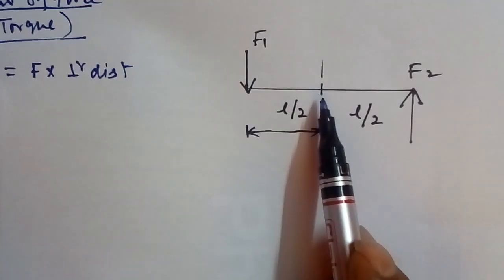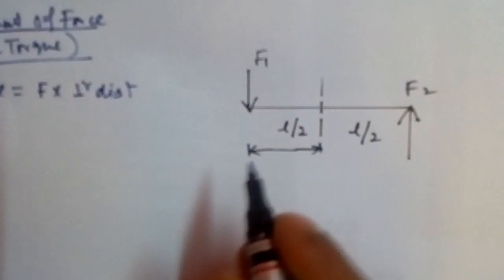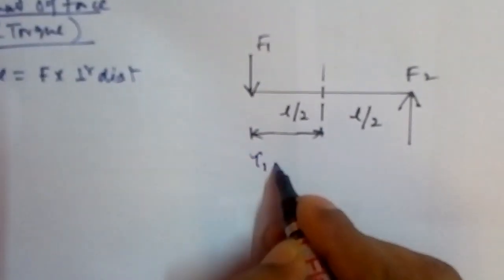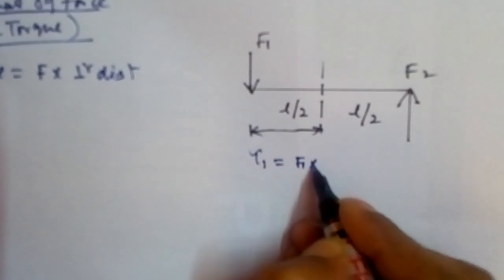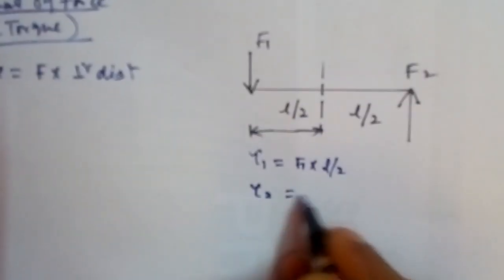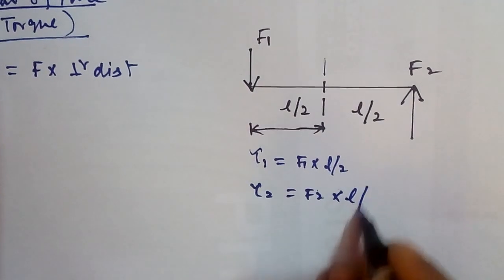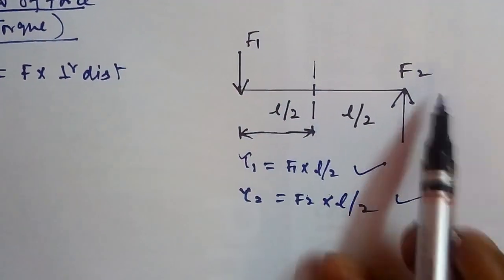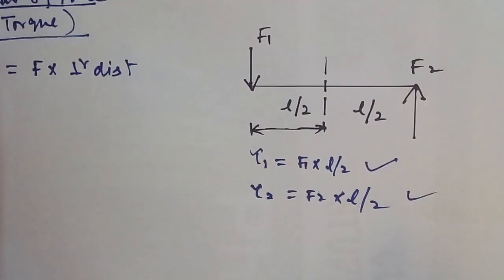So there are two torques being produced. One torque is τ1 equals F1 into L by 2 and similarly τ2 equals F2 into L by 2. So there are two torques acting in this particular system.